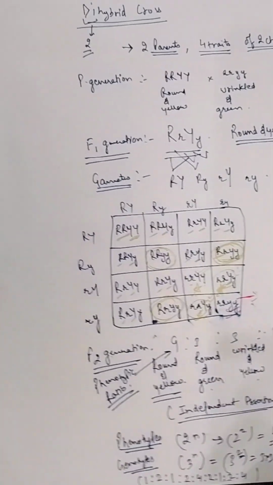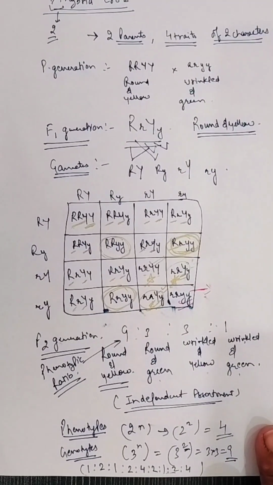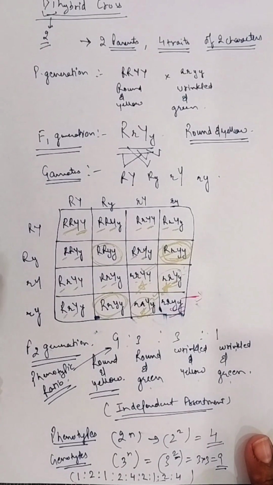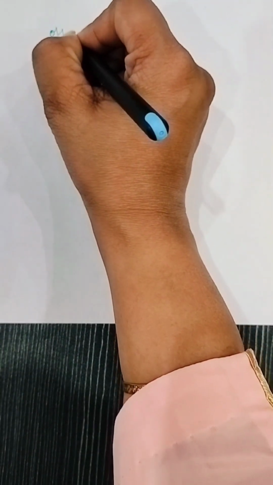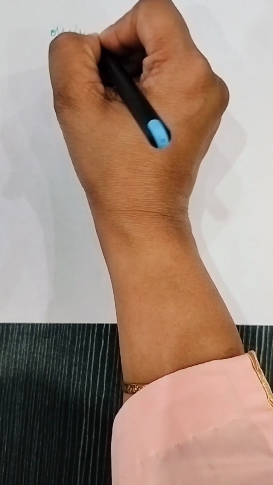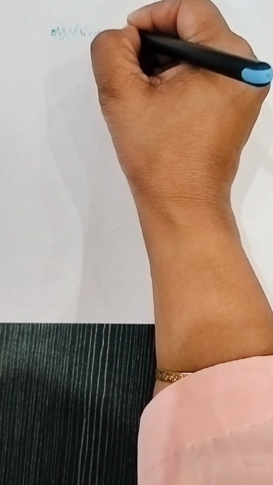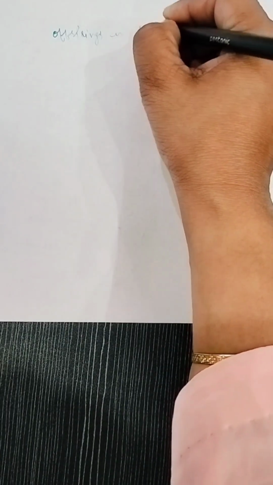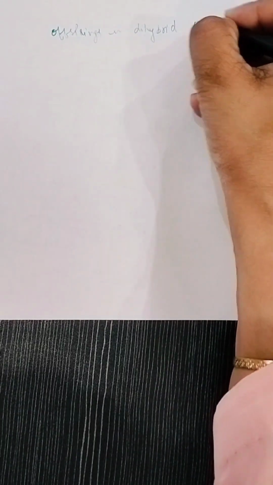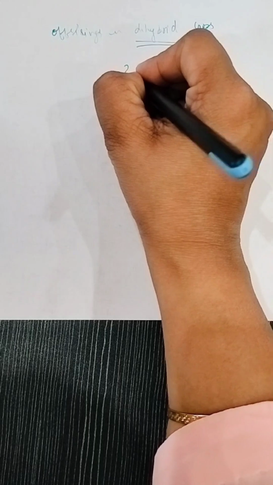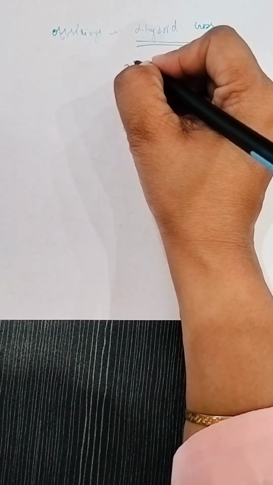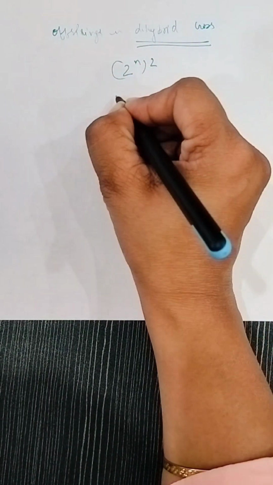And at last, if we talk about the number of offsprings in dihybrid cross, we have a formula, 2 raised to the power n whole square.